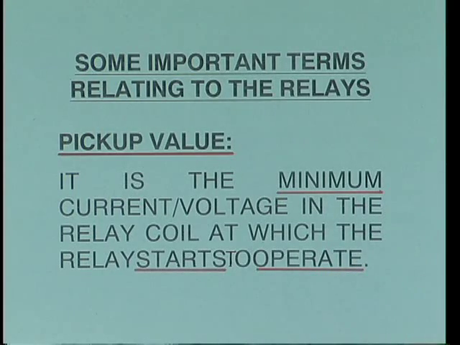The operating quantity is either voltage or current, but it is the minimum value to operate the relay. At or above the pickup value, the current flowing in the relay is sufficient, and the relay starts to operate and disconnects the faulty section with the help of the circuit breaker. So this is the pickup value.